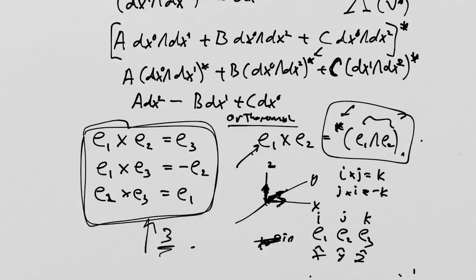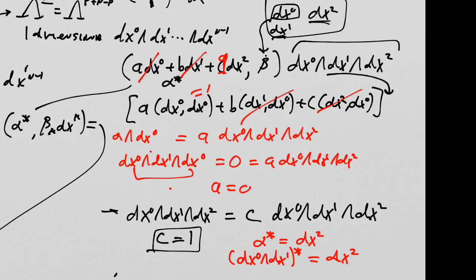So engineers and beginning physicists always have orthonormal bases, but you can't have orthonormality without an inner product. So the inner product's always implied, and once you have it, this is the actual formal operation that produces this cross product. Okay, so what have we done?